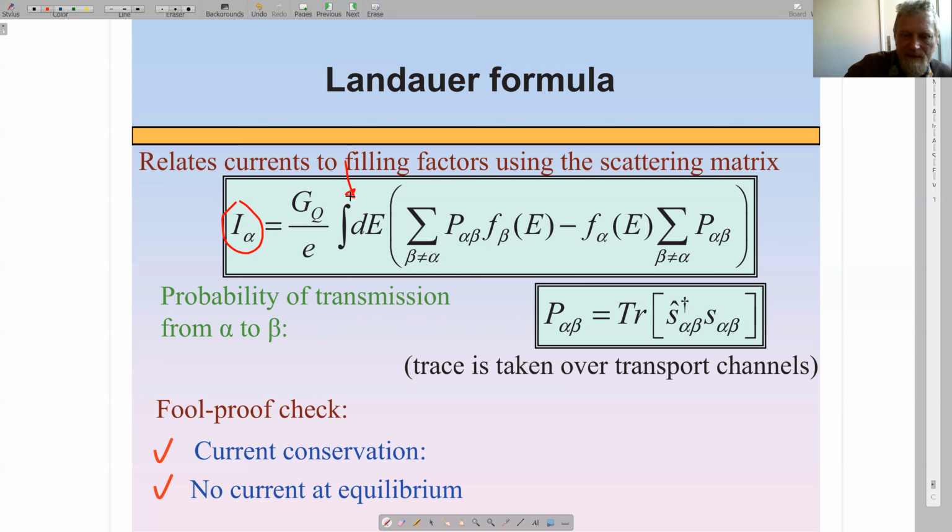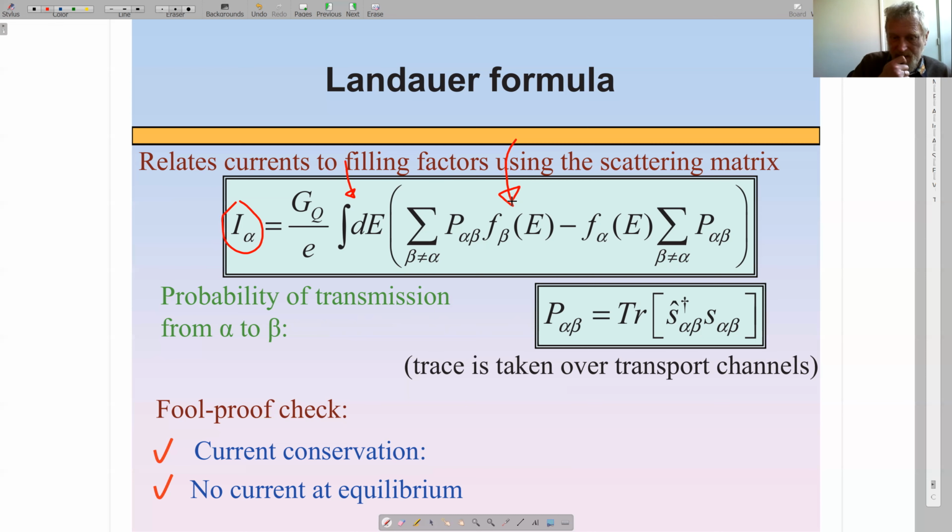And we also see filling factors, which show that electrons actually come from the leads. Good.